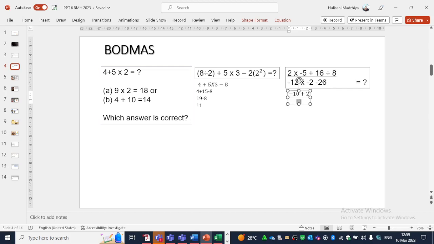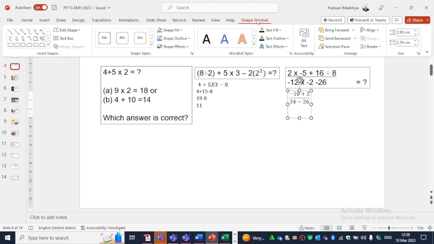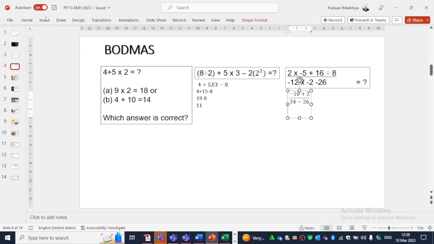So based on the BODMAS rule, we start with the multiplication, which is -12 multiplied by -2, which gives us positive 24, because a negative multiplied by a negative gives us a positive, then -26. So that is the first step in our calculation. And then from there, we're gonna go and insert another equation. I'm just still waiting for my equation.